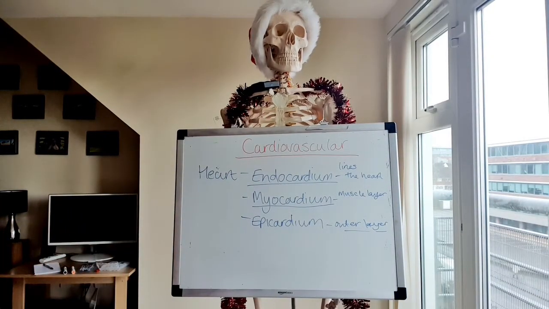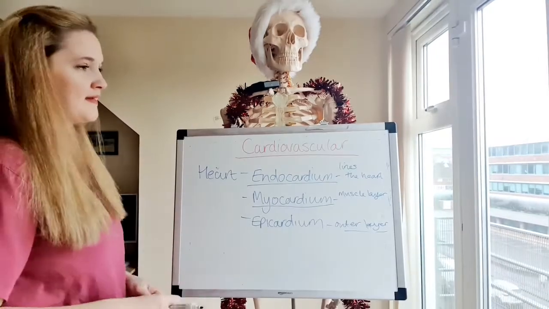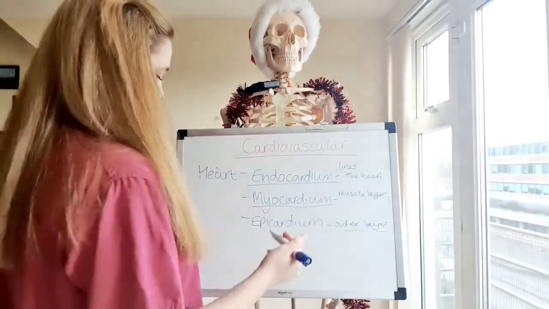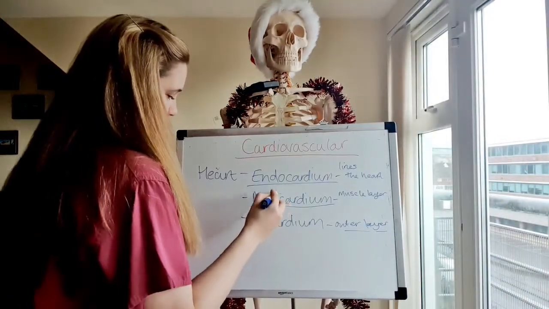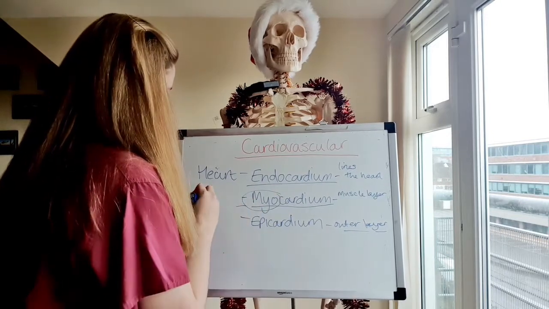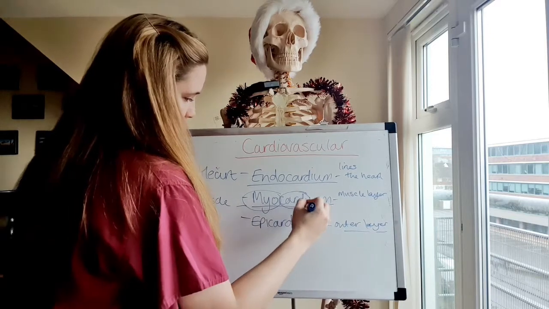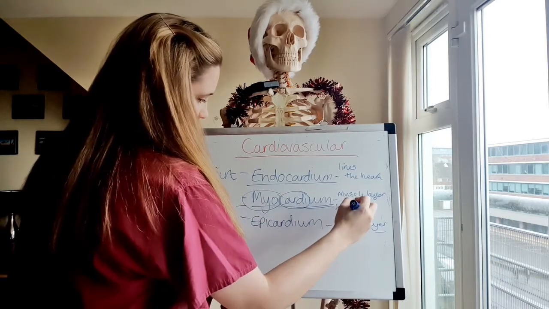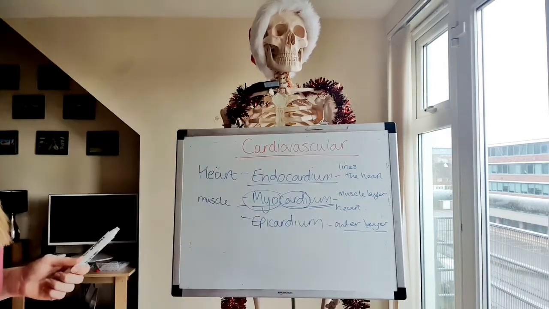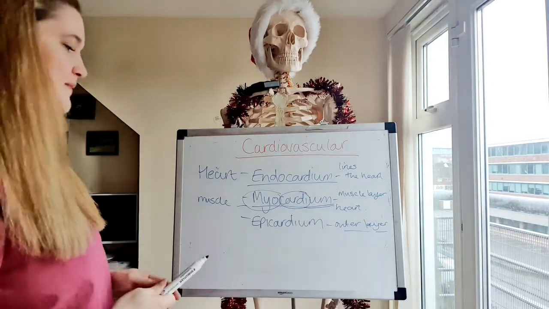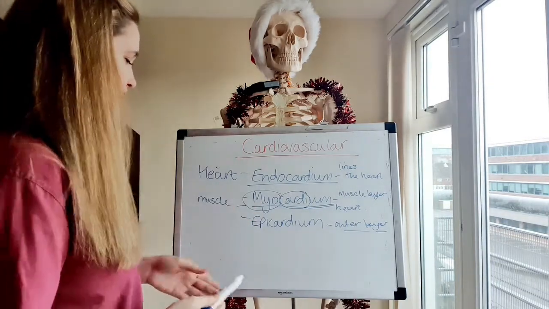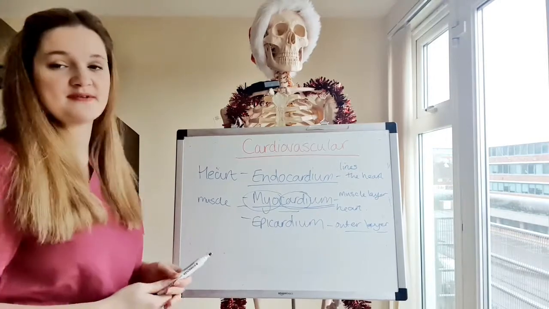Now going back briefly to our terminology lesson, I just want to break this up as well. So myo, we know, means muscle, and cardium means heart. So heart muscle. Remember I spoke to you about the different muscle tissues, and cardiac muscle was the one that was specifically in the heart.